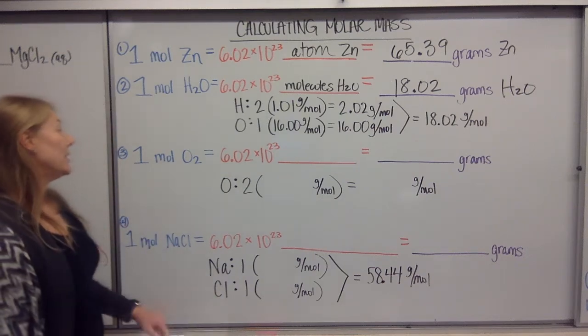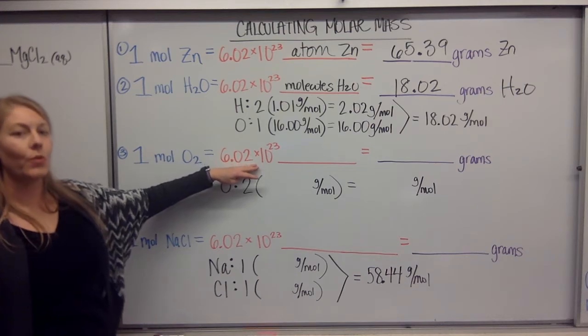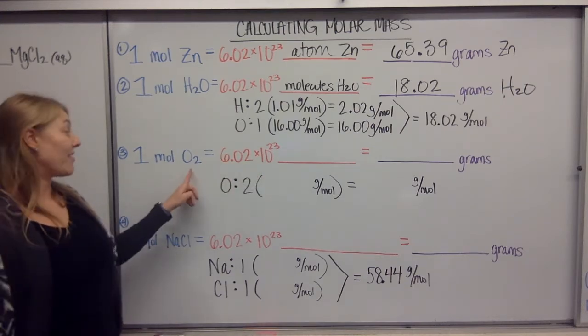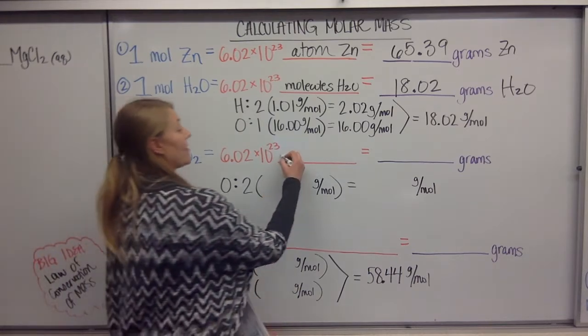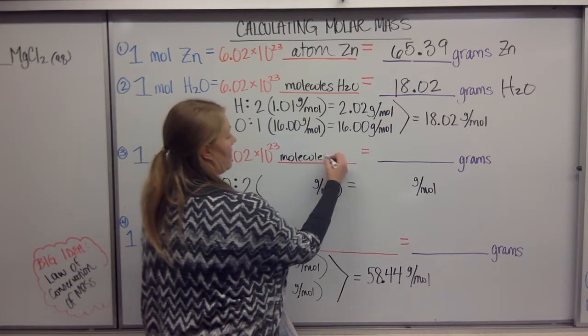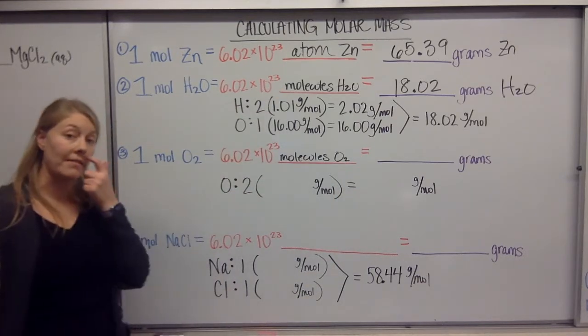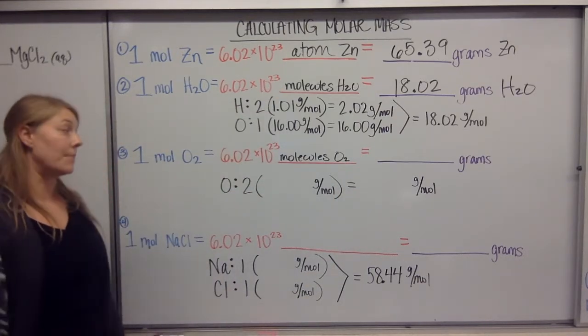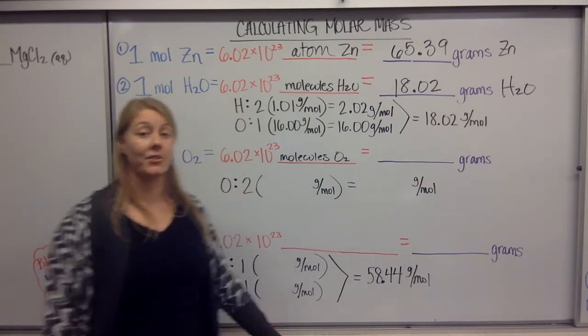Let's look at oxygen. 1 mole of oxygen is equal to 6.02 times 10 to the 23rd. Is there a metal here? No metal. So again, this is molecules of oxygen, right? Molecules of water, molecules of oxygen. Neither of them have a metal in them. How many grams of oxygen is that?